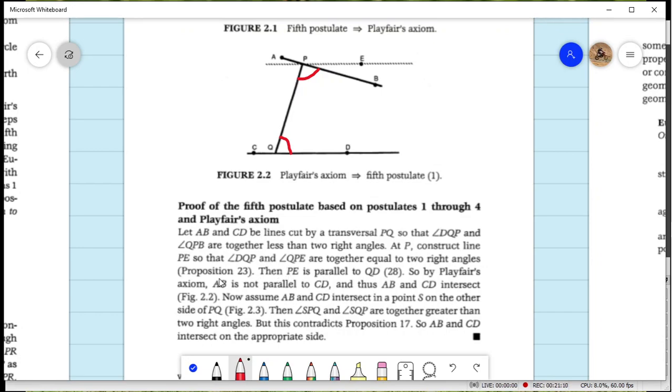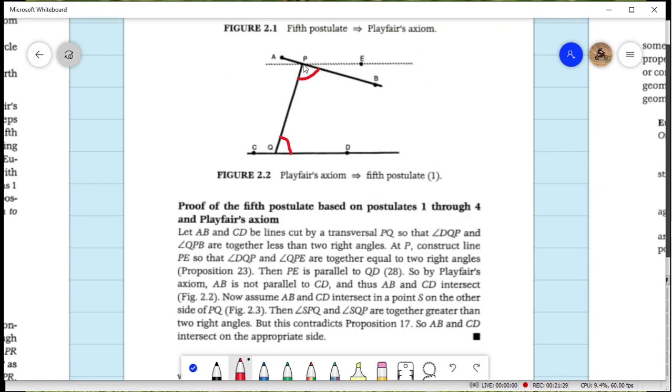Okay. So that was proposition number 23, saying that an angle can be drawn so that it satisfies a certain measure. Let PE be parallel to QD.